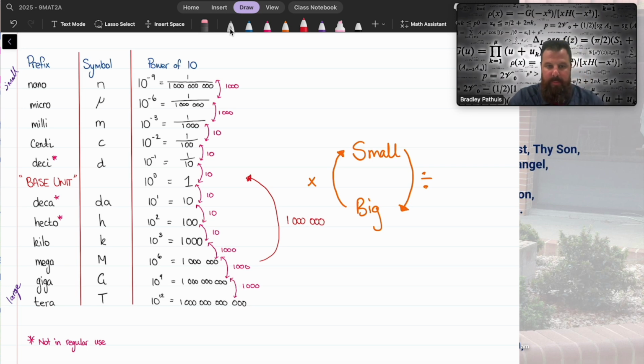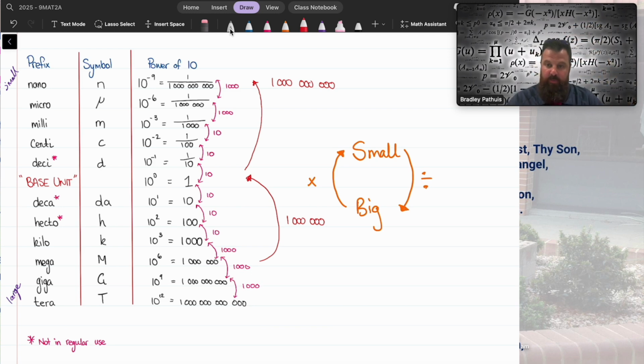Because 1 million of my base units gets me to a mega. And then from my base unit up to nano is a change of 1 billion. So those are the 2 numbers I'm going to use. When I do multiple jumps, I'm going to try to use my base unit as a point of reference: 1 million from mega to the base, and then 1 billion from the base down to nano.